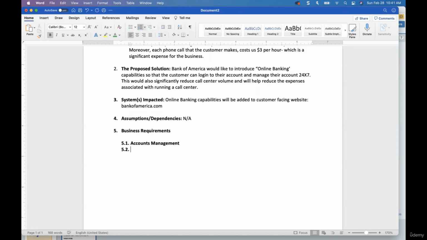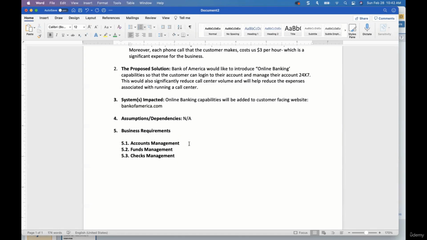My second module is going to be funds management, anything that a customer can do related to the funds. And my third module is checks management. These are the 3 different modules that I want within my project.